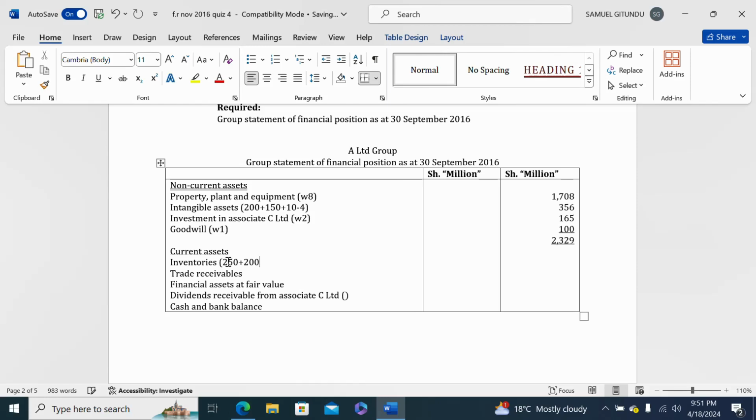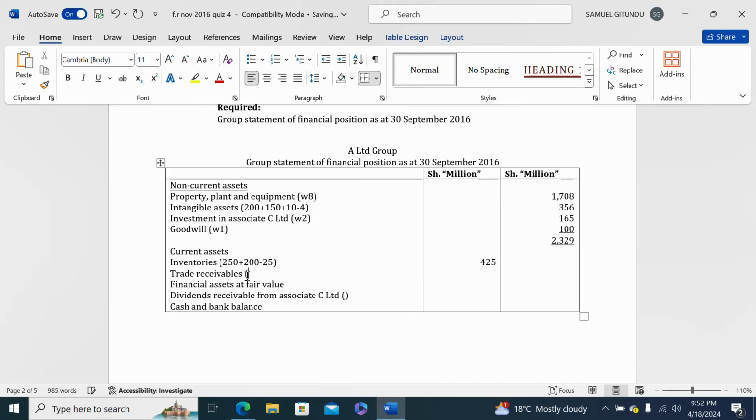Then we less the unrealized profit on the closing value of inventory, which is 25. We have done this working. So we are getting the value of our inventory as 425.